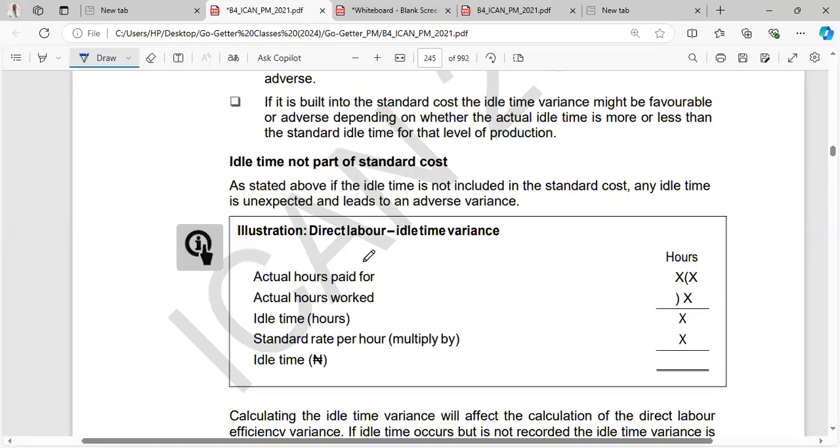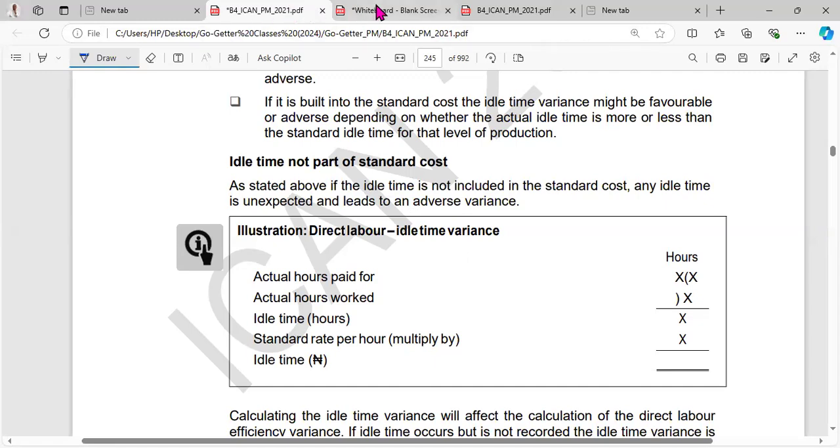So this is the actual hours paid for. The actual hours you paid for is usually more than the hours you worked. Minus the actual hours worked will give you the idle time. Then you multiply it by the standard rate.